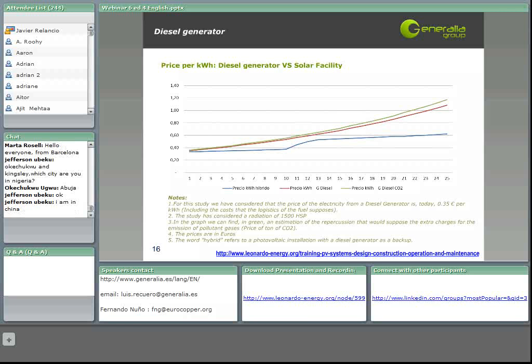The rise in the blue profile that you can see at the 12th year is because we are considering that after 10 years some of the elements in the PV facility will have to be changed.